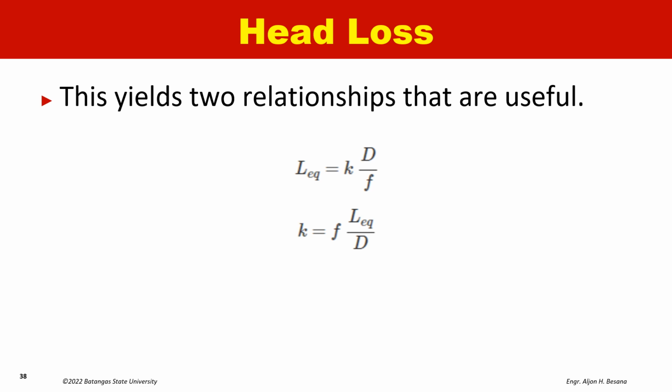We could see that LEQ, or our equivalent length, is equal to our loss coefficient K multiplied by diameter divided by the friction factor, or K is equal to the friction factor multiplied by equivalent length all over diameter. And this K, or loss coefficient, is equal to friction factor multiplied by equivalent length all over diameter.